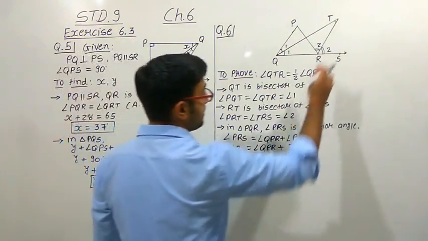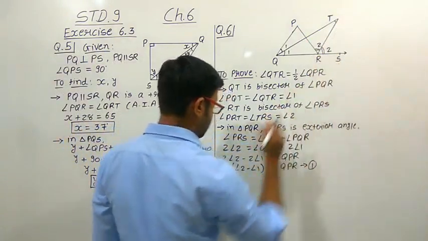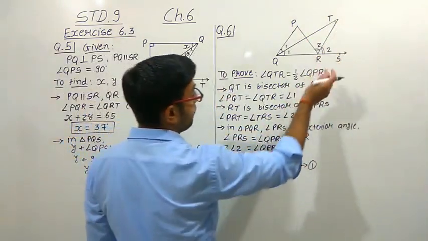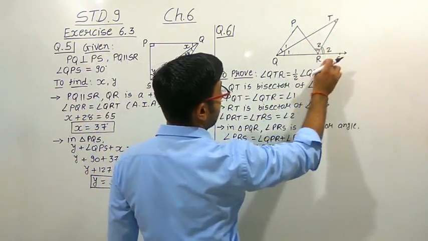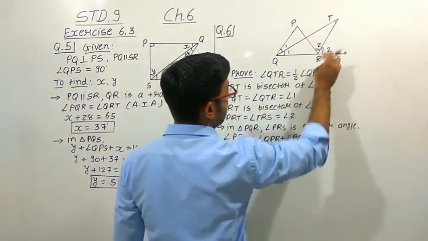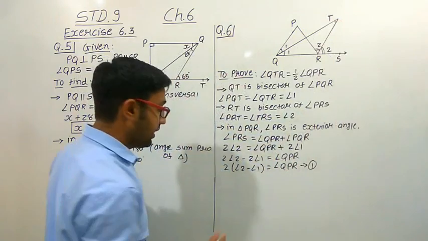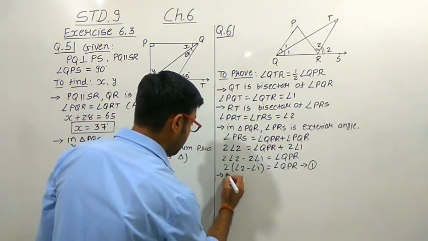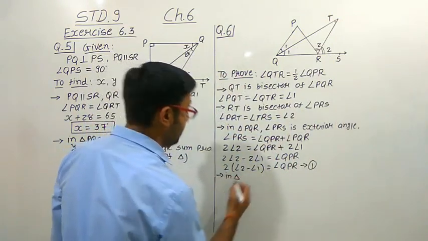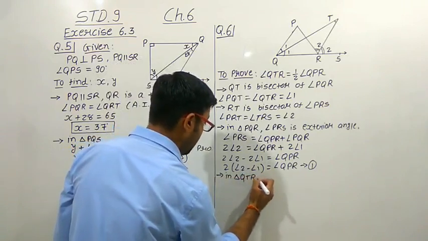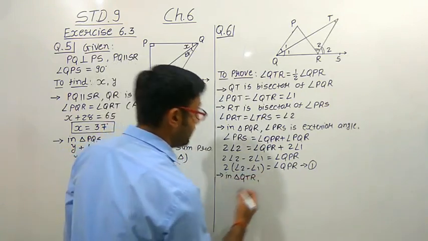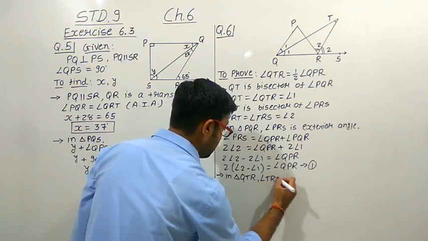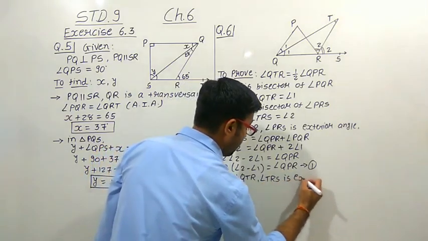Now in the same way, see, angle TRS is also the exterior angle for triangle QTR. So in triangle QTR, angle TRS is the exterior angle.